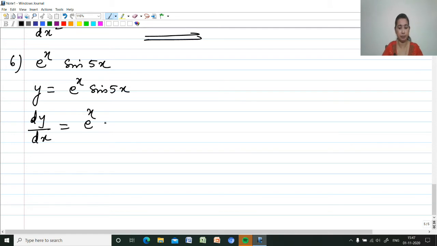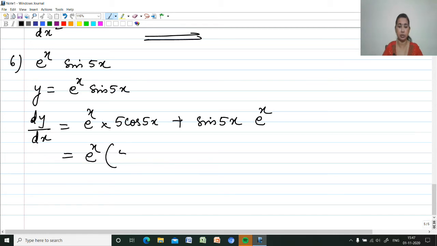First function into derivative of second, derivative of sine is cos 5x, into derivative of 5x is 5. So 5 cos 5x plus second function is sine 5x into derivative of the first is e raised to x. So this can be written as e raised to x into 5 cos 5x plus sine 5x.